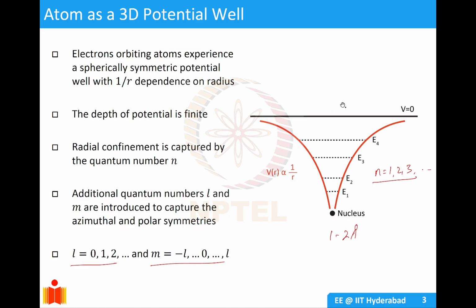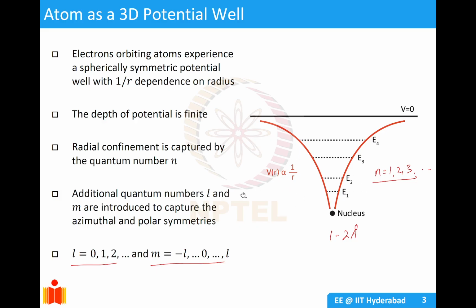When the electron is bound to the atom, it is experiencing some attractive potential from the nucleus. So we assume that it has some negative potential, with some fixed depth. It is not infinitely deep, and so it is radially confined, with each confinement given a quantum number n.